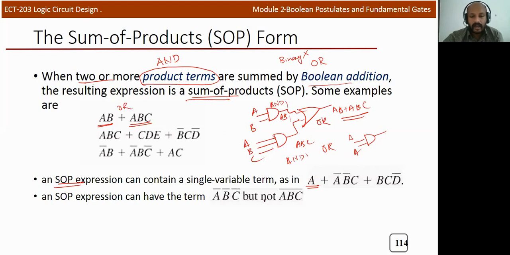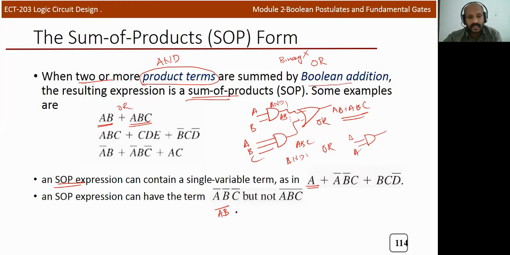But if there is an expression like A, B, C, the whole bar, we will not consider this as an SOP expression. In an SOP expression, an individual variable can have a bar, A bar, B bar, C bar, but it cannot extend over more than one variable. So if there is A, B, the whole bar, we cannot consider it as an SOP expression.